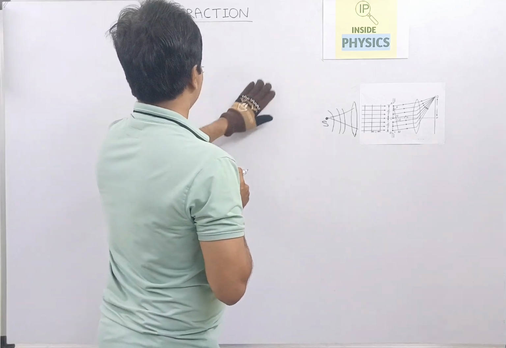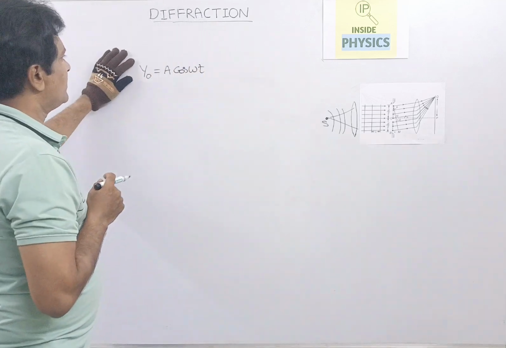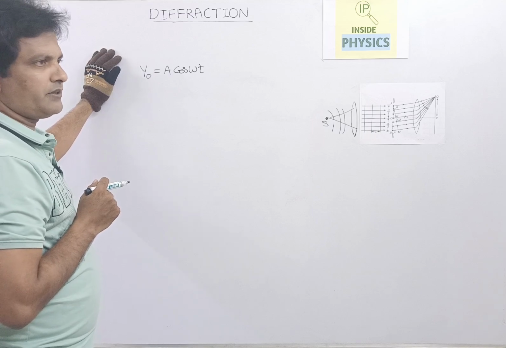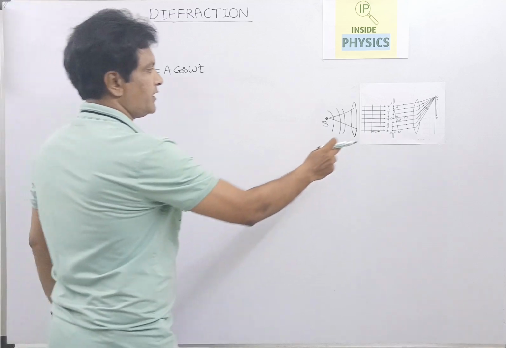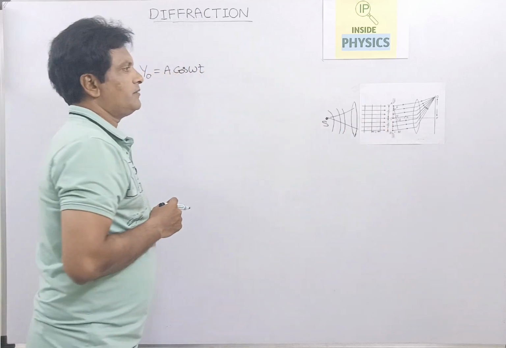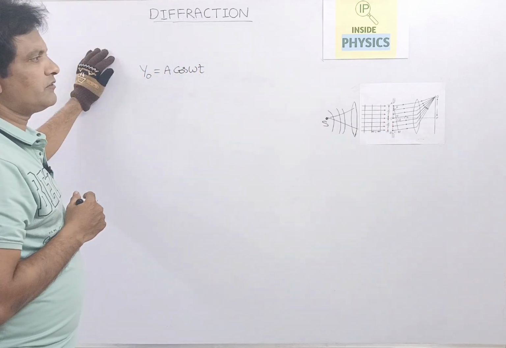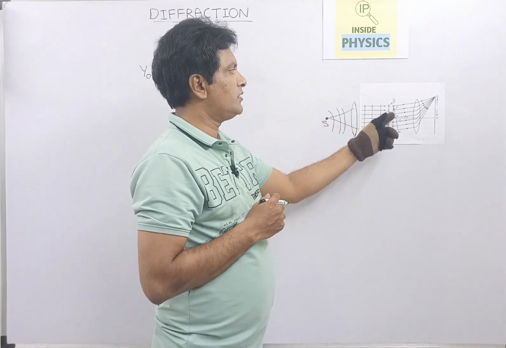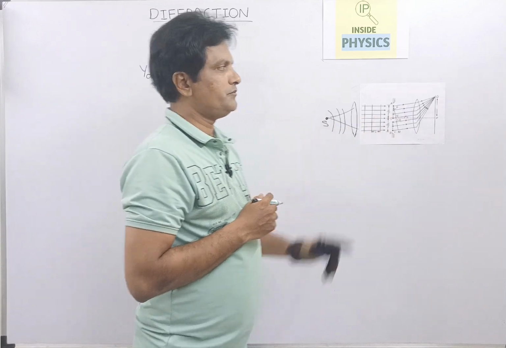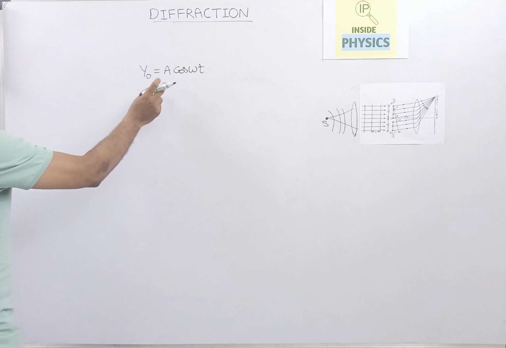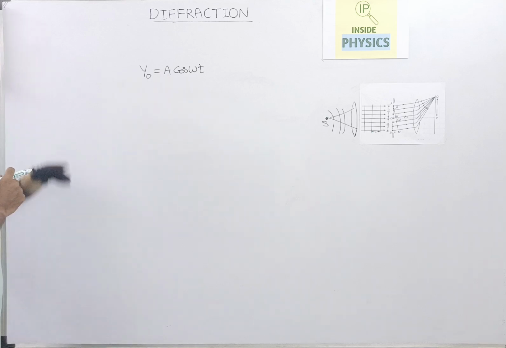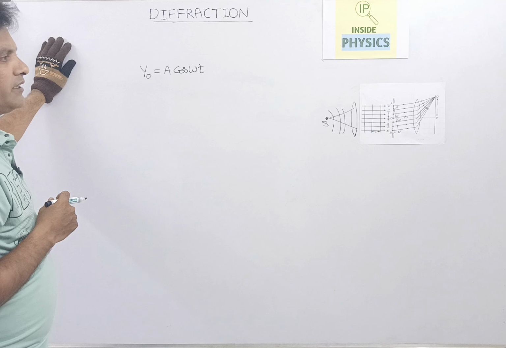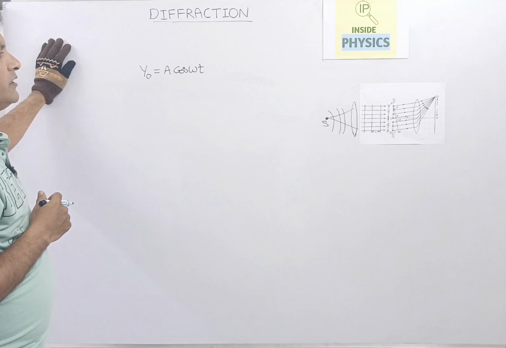So here, we take the wave equation and integrate between the limits minus d by 2 to d by 2 to get the equation for the disturbance created at Q by all the waves passing through the slit. What is the amplitude when all the secondary wavelets reach Q from the slit?